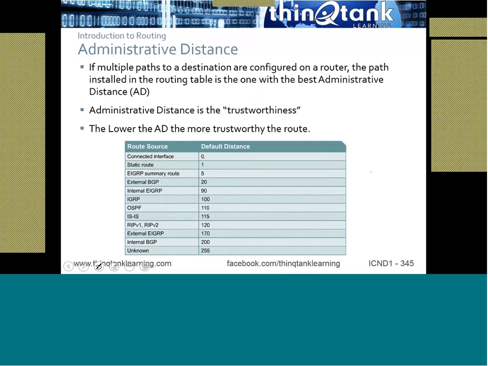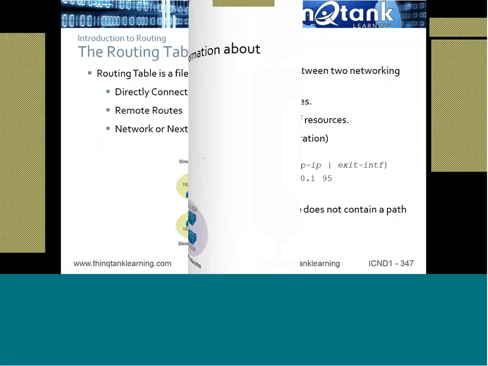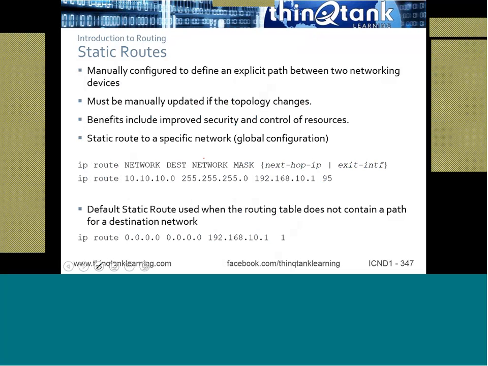So Cisco said, hey, if you're putting in a static route, you must know what you're talking about. So even if I learn about the same route through EIGRP or OSPF, I'm going to use the static route because you told me to go there. The thing about a static route, though, is it's manually configured, which means it has to be manually changed if something changes in the topology.